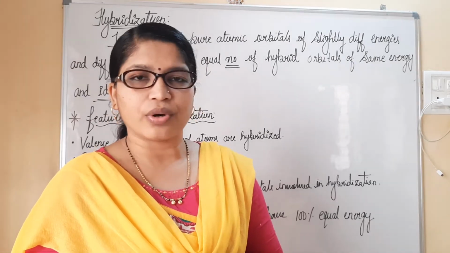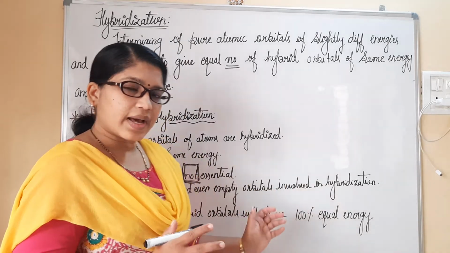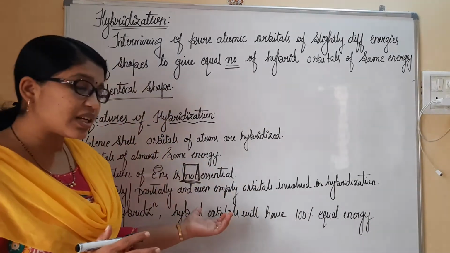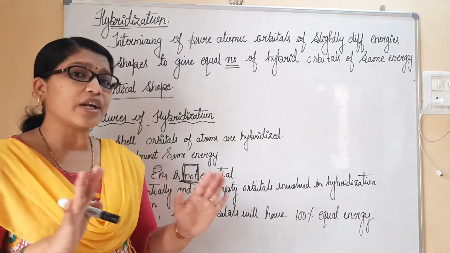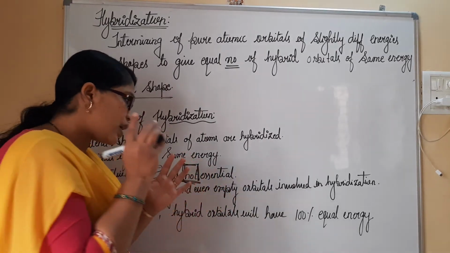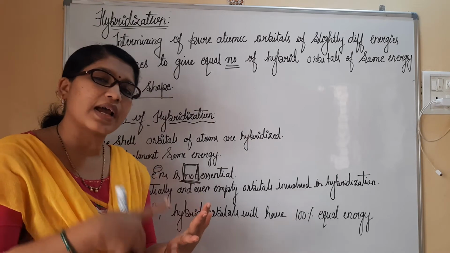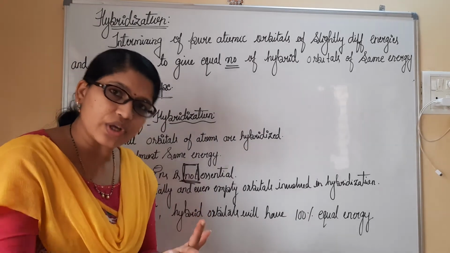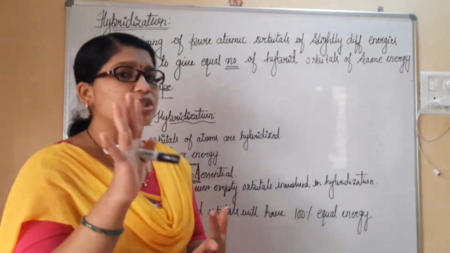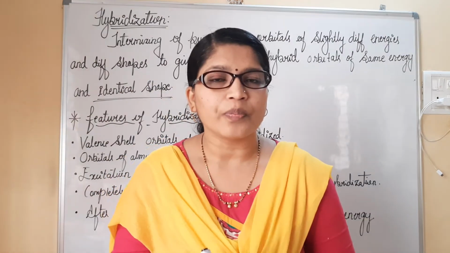partially filled. Okay, so for hybridization purposes, what the feature is explaining is that it is not at all necessary that we must have empty orbitals, partially filled orbitals and completely filled orbitals all three. Even so, we can carry out the hybridization process.